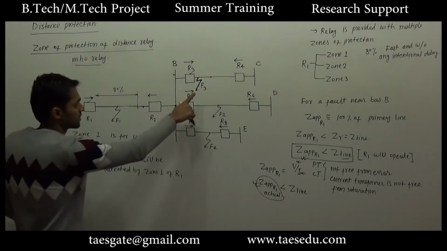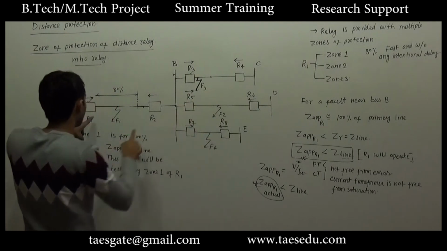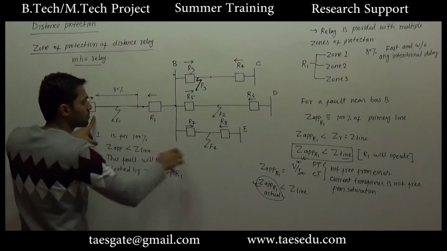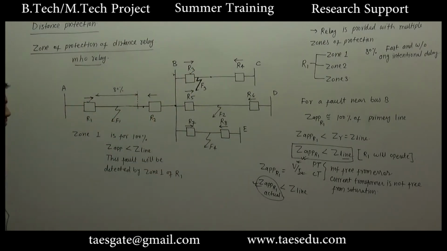Okay, fault is here, but because of this fault, if relay R1 is operated, the whole power system will be disconnected from bus A, which is not the favorable condition.